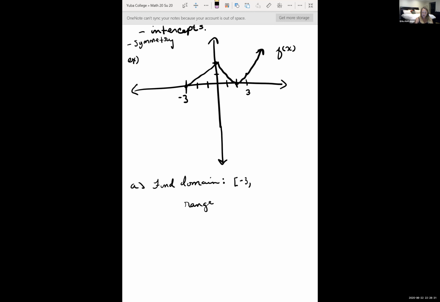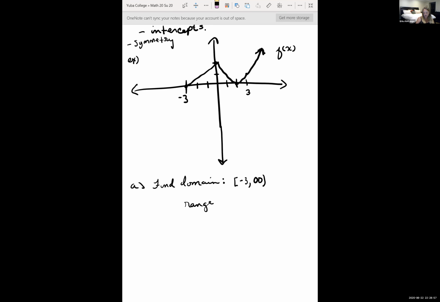I notice though that there's an arrow here, and so that tells me the graph is extending in that direction forever. So as it's going up forever like this, our x values are increasing forever. And so I notice that x values go into infinity. And so I have -3 to infinity as the interval for my domain.